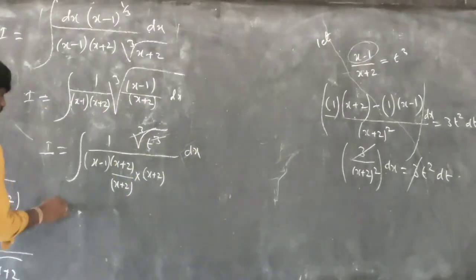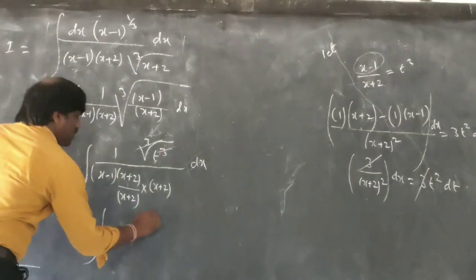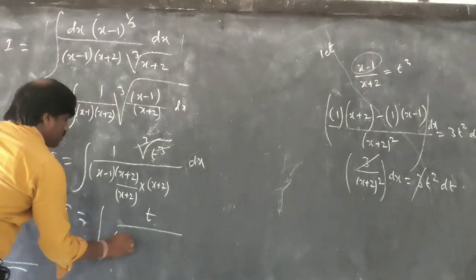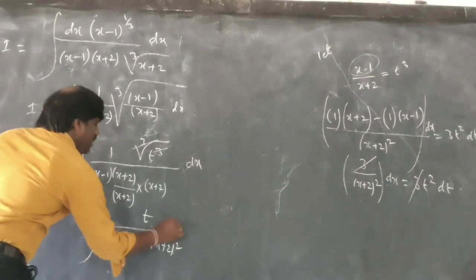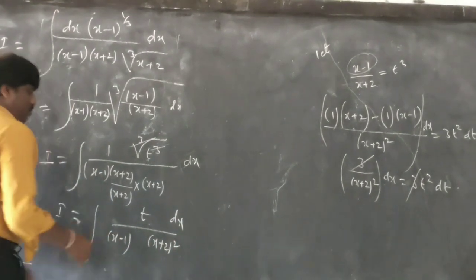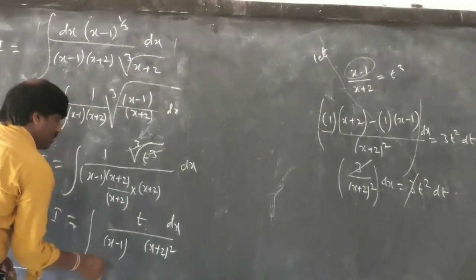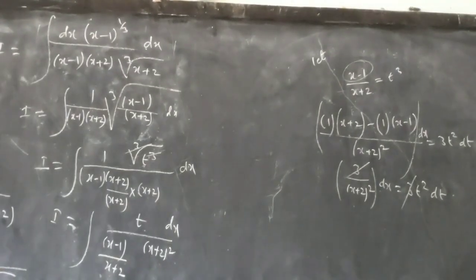So what I can write is I is equal to integration of this; I get t upon, I did not substitute dx yet, I can write (x minus 1), this I can write (x plus 2) whole square, and this is dx. And you have again what is left, one more (x plus 2) is left, divided by (x plus 2).